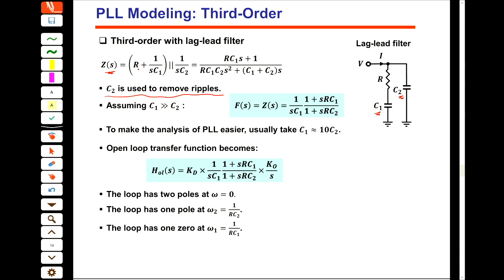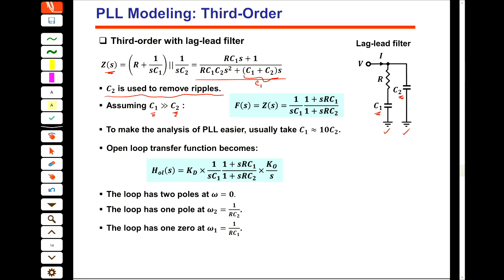Then Z(S) is the parallel of this path and this path, which is this one. If you expand that, you will see that the expression is this one. Then if we assume that C1 is much higher than C2, we can say that this part is C1. This is the assumption that we made to make the analysis easier.